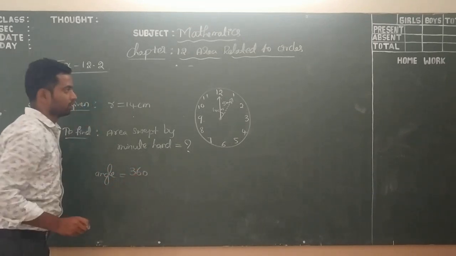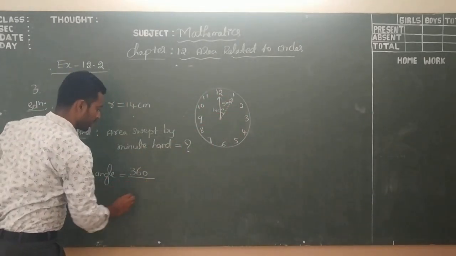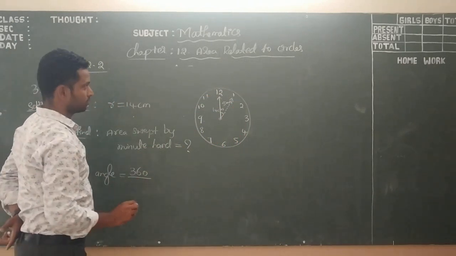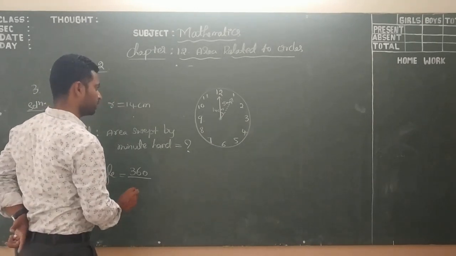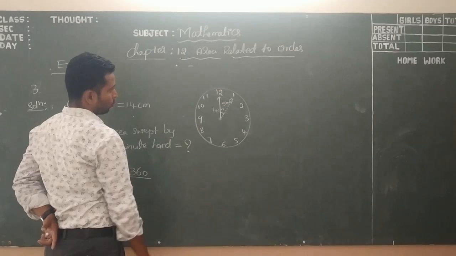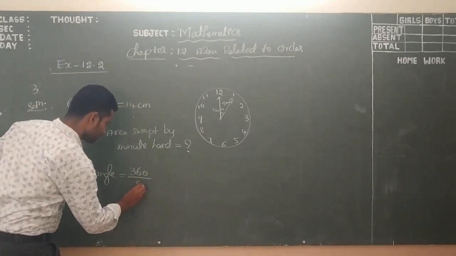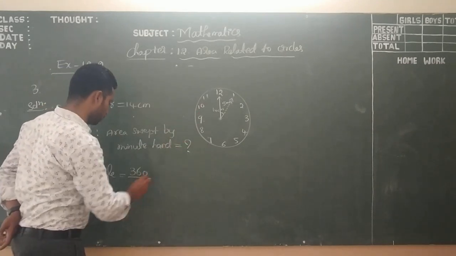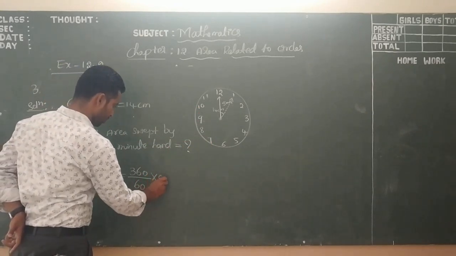The angle of the entire circle is 360 degrees, divided by 60 minutes, into 5 minutes.